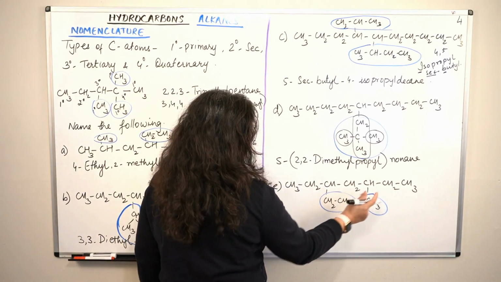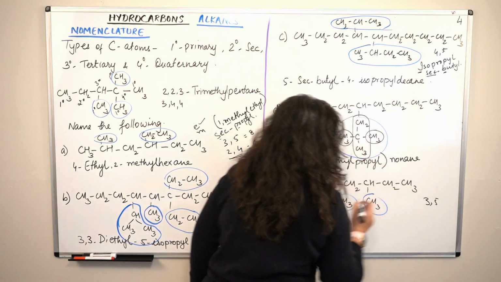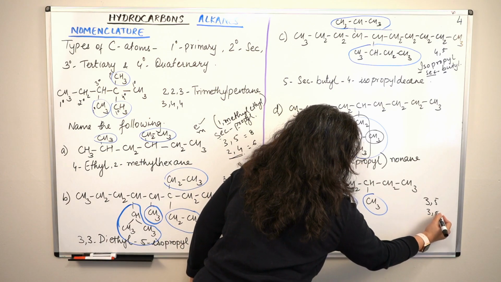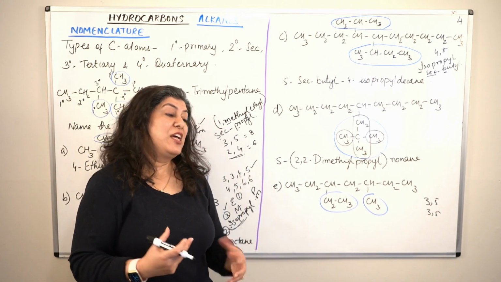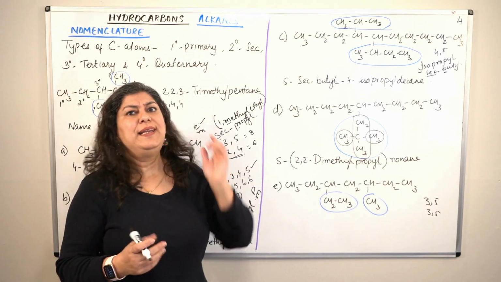So, if we count from this side, 1, 2, 3, 4, 5. 3 and 5. And if I count from this side, 1, 2, 3, 4, 5. Again, I get 3 and 5. Interesting. We are getting the same locants from both sides. So which side should we choose? Is it now okay to choose from any side?